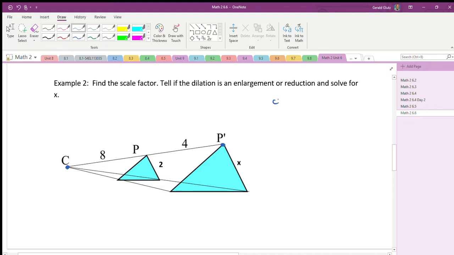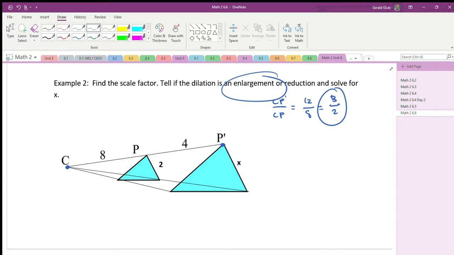The length from C to P prime is 8 plus 4, which is 12, and the length from C to P is 8. Reducing, 4 goes into 12 three times and into 8 twice, so our scale factor is 3 over 2. This is an enlargement because our new image is bigger.